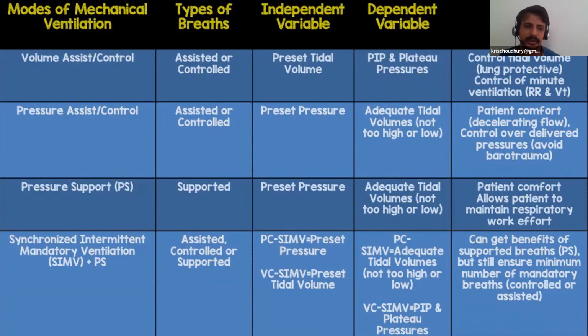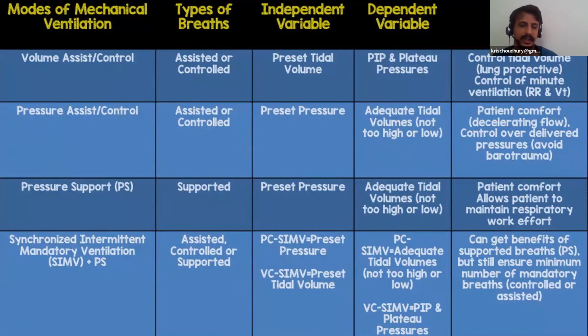Last but not least, synchronized intermittent mandatory ventilation along with pressure support, usually called SIMV with PS in the medical fraternity. This mode is very important because the ICU ventilator synchronizes with the breath of the patient.